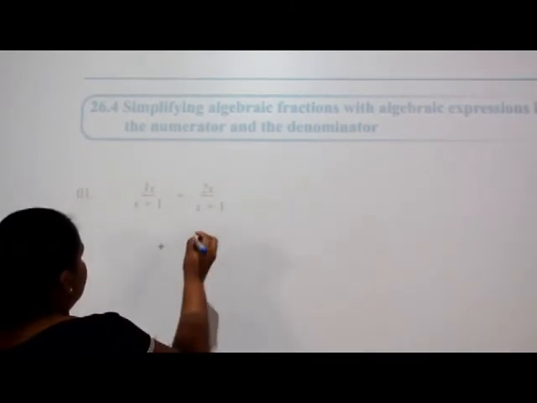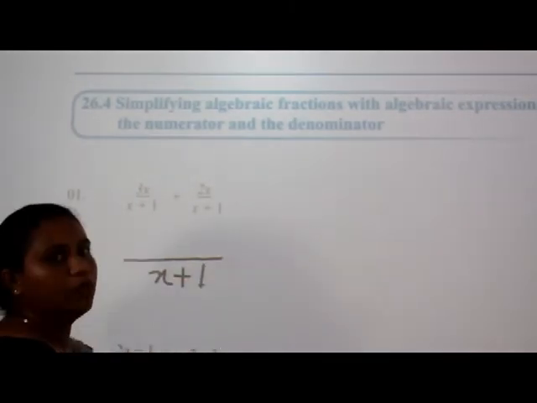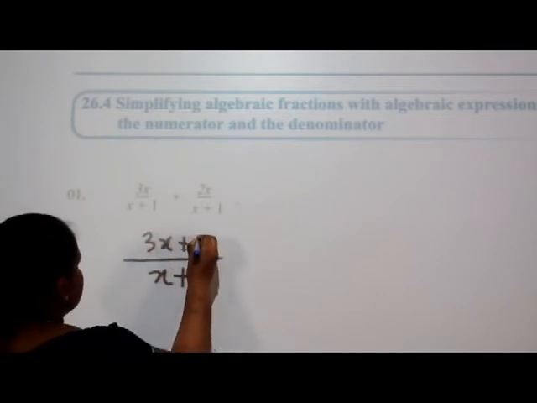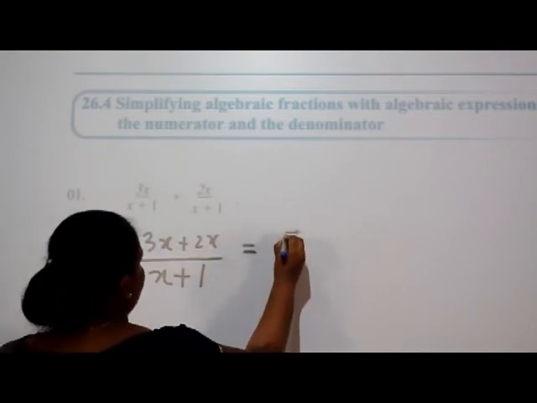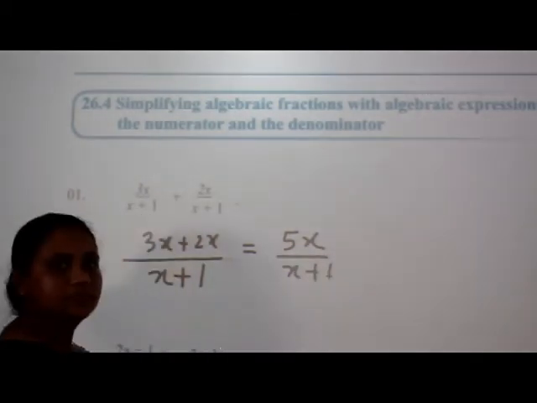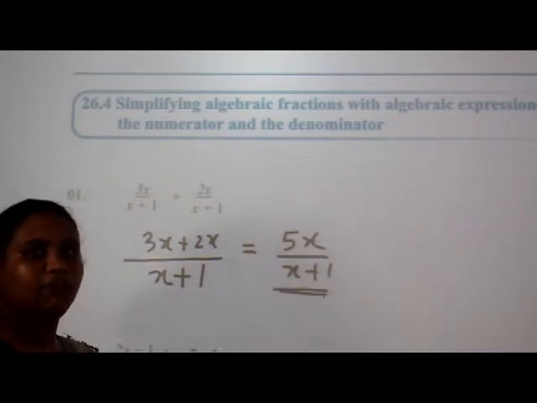Look at here. Here the common denominator is x plus 1. Now you can add numerators. 3x plus 2x. Then the answer is 5x over x plus 1. This is the final answer. No common factors to simplify with more.